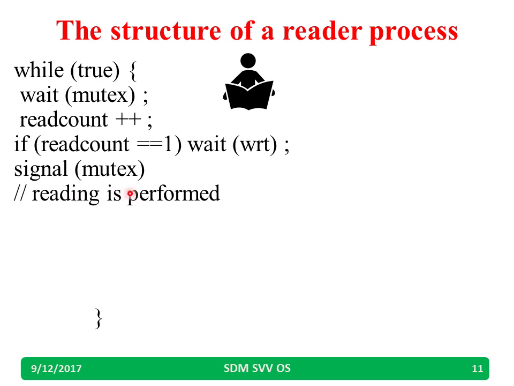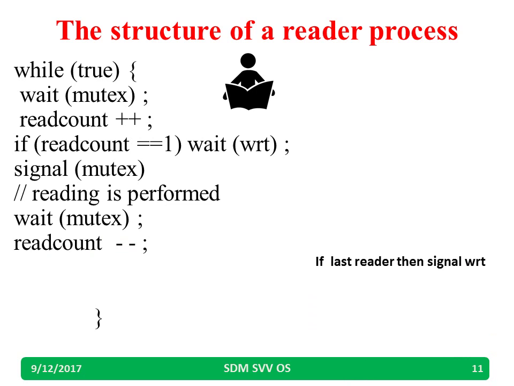Next, reading is performed. Once reading is over, we have to decrement the read count. Can I write read count minus minus directly? No. Why? Read count is a shared variable. Therefore, wait for the mutex, then read count minus minus.